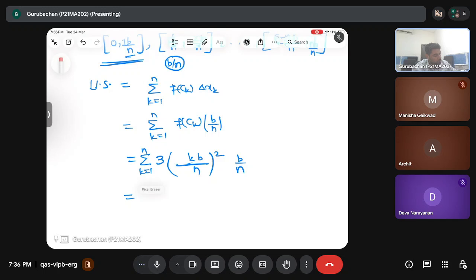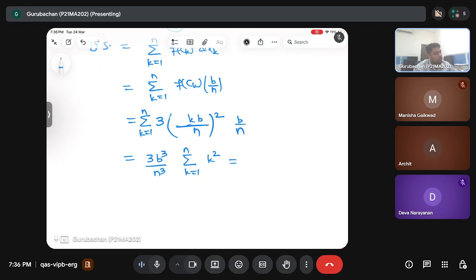Summation, take some things outside that are obvious. So n square, because the summation is running for k only. So you are left with k. This will be n cube. What is the summation?